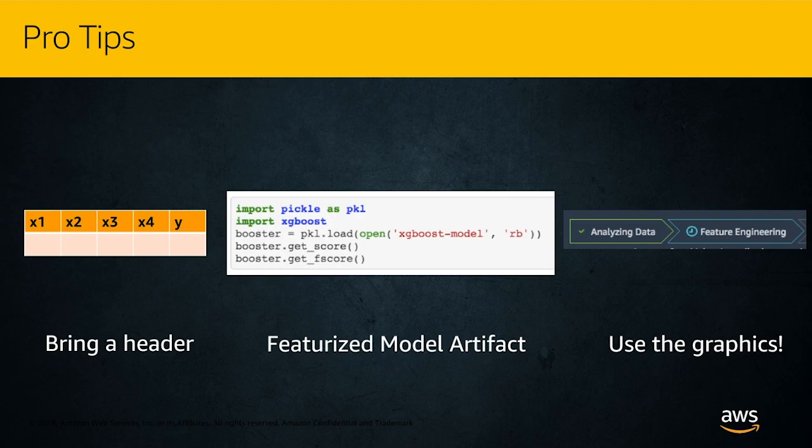Second thing, when you get a model artifact, so at the end of this job, you're going to get a model artifact, and you can load that into XGBoost to look at the F scores. The thing to remember is that that artifact is going to refer to your featurized training data. It's not going to refer to the original training data set. So if Autopilot decided to run PCA or any of those other specific imputing strategies that it found, you want to know that your model is going to reflect that feature strategy.